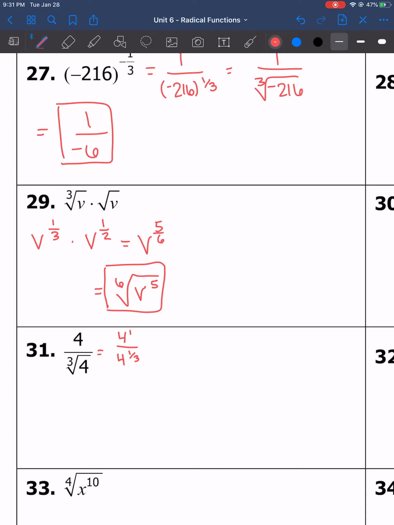Well, that's going to be, when I subtract, 4 to the 2/3, which becomes the cubed root of 4 squared, and 4 squared is 16, and the cubed root of 16 isn't super nice, but it breaks up into 8 and 2, and so I have 2 cubed roots of 2.